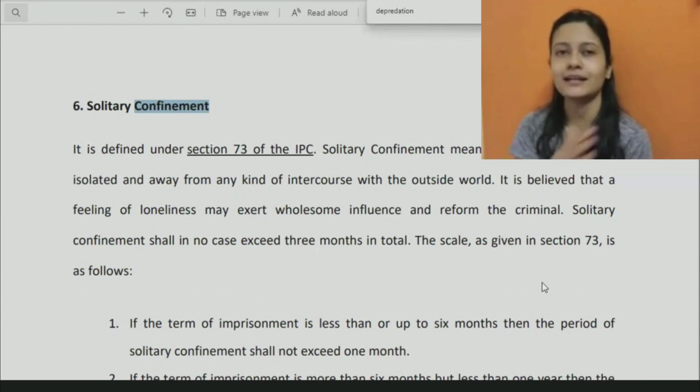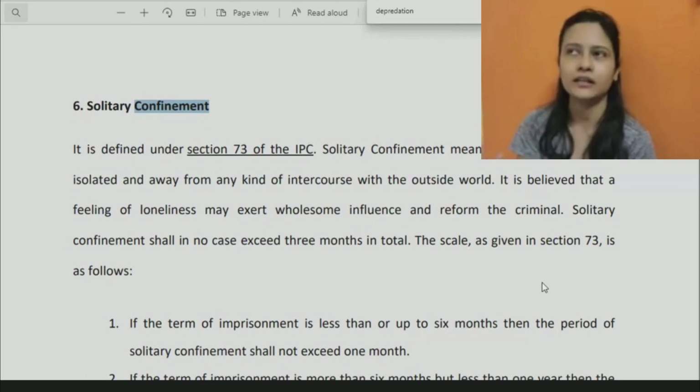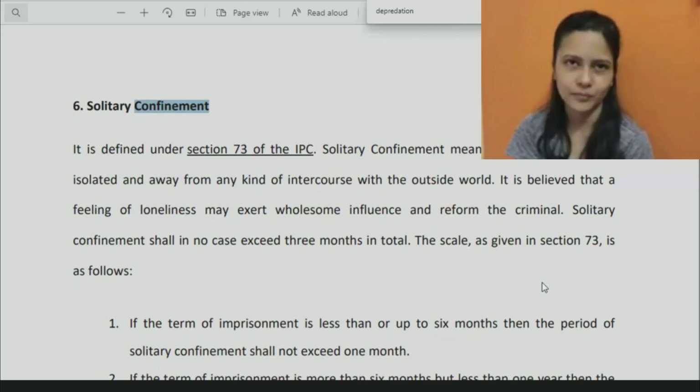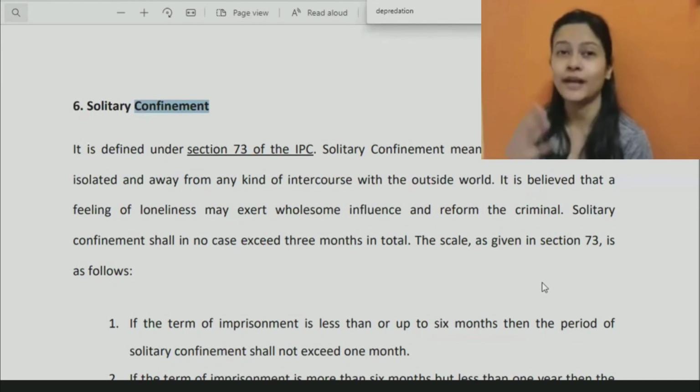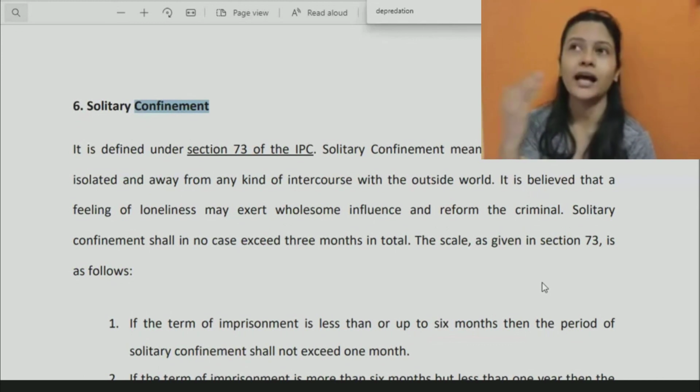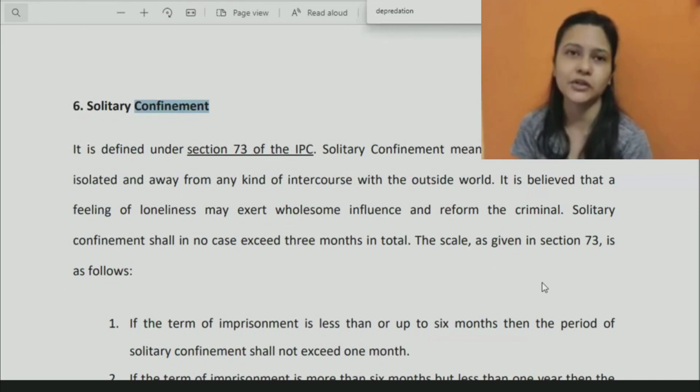So this is a severe kind of punishment because it's very difficult, right? People always want others' company. We want to talk to people, we want to see people. So solitary confinement is difficult, and it will have more impact on your brain. If you are not seeing any other human for a month, it will be much more difficult.